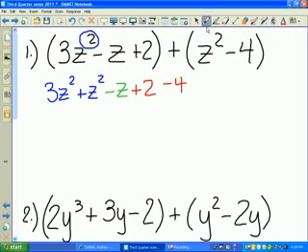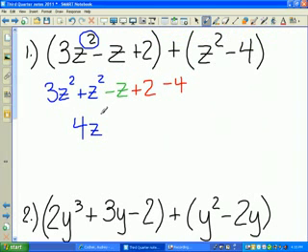So as we mentioned before, we want to combine or basically look at our exponents, aka our degrees, to help us match our like terms together. So in this case, in blue, I have that 3z squared plus z squared, which gives me 4z squared.